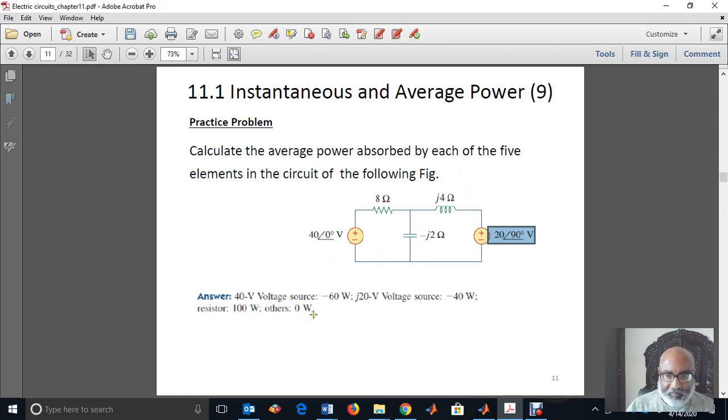And the power absorbed by the other elements, for example, by the inductor is 0, by the capacitor is 0, because they don't consume average power. So that means the power supplied by the two sources, which is 60 plus 40, will be the power absorbed by the 8 ohm resistor, which is equal to 100 watt.